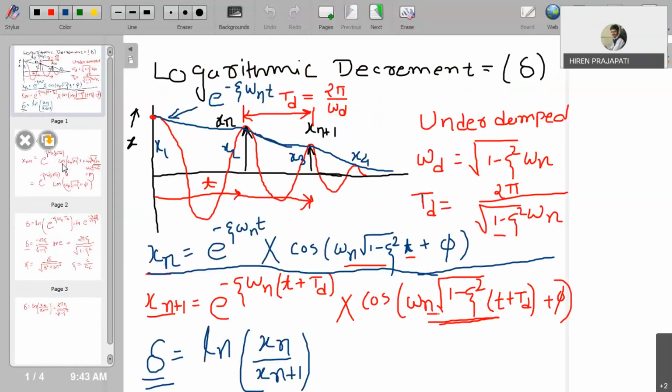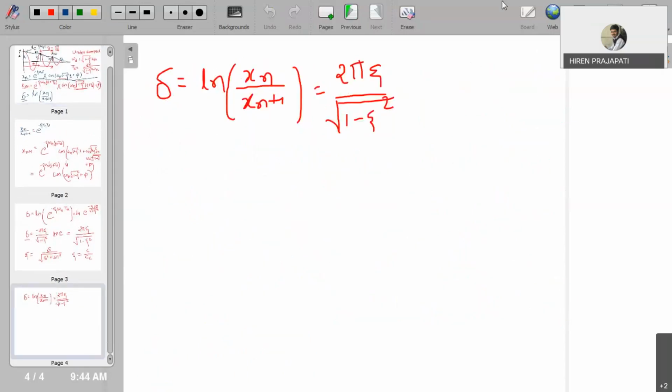Then you need to multiply this side by the number of cycles. So now if I take the ratio ln of xn to not only xn plus 1 but xn plus p, where p stands for the amplitude after the pth cycle.